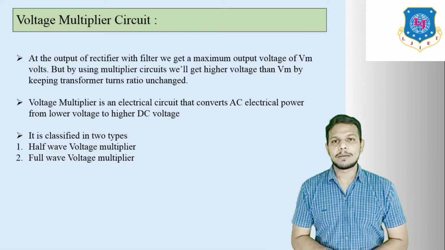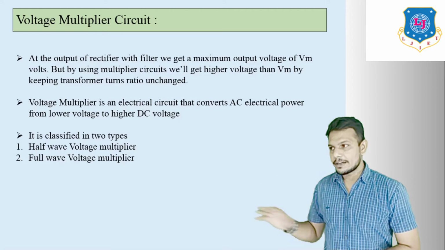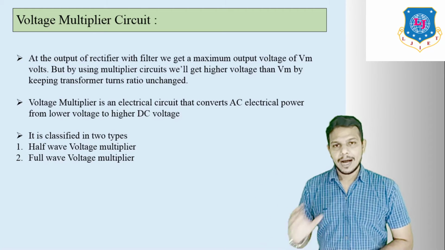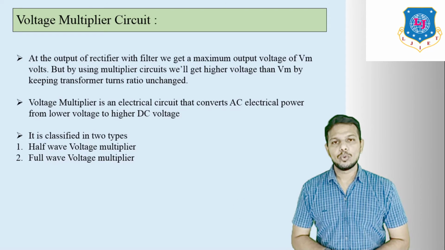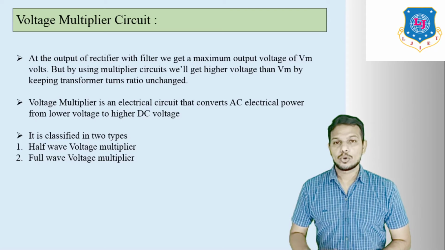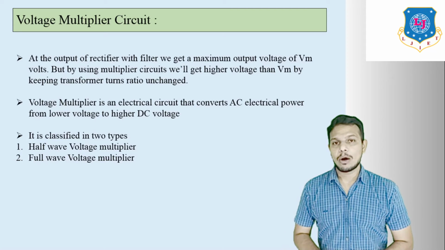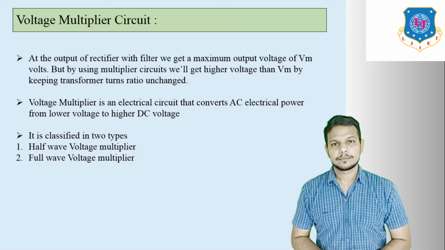So basically voltage multipliers are classified into two types. Number 1, half wave voltage multiplier circuit, and number 2, full wave voltage multiplier circuit. In this lecture we are going to discuss only the half wave voltage multiplier circuit.